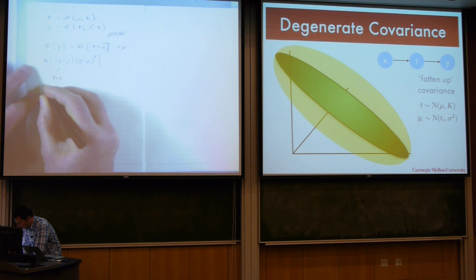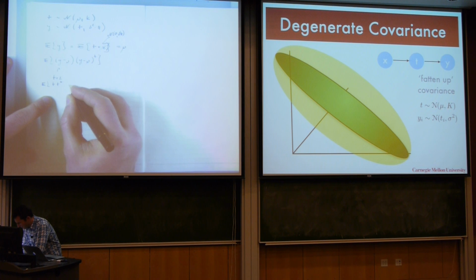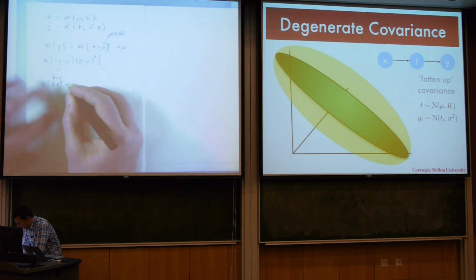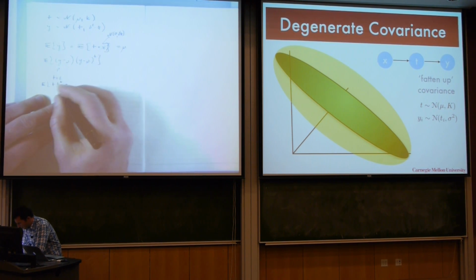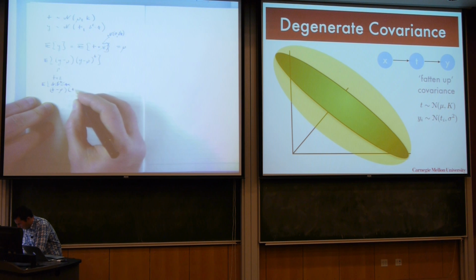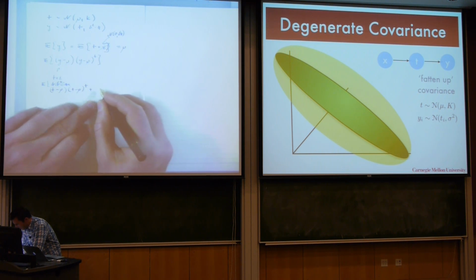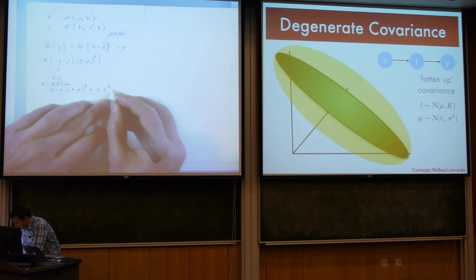So we have basically the expected value of (t minus mu)(t minus mu) transpose plus epsilon epsilon transpose, and then we get the cross terms, right?